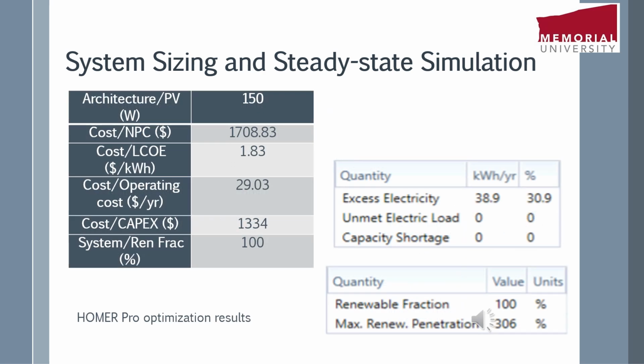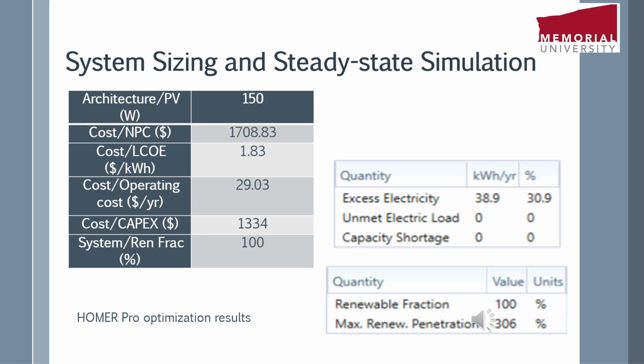Here you can see our HOMER Pro optimization results. We selected a PV array rated 150 watts on HOMER Pro, and the result shows our net present cost is $1,708.83. Our levelized cost of electricity is $1.83 per kilowatt hour. Our operating cost per year is $29.